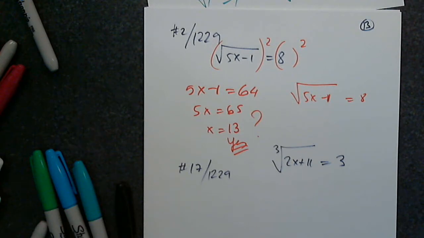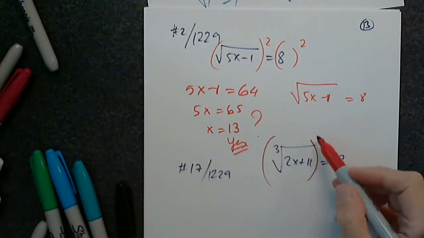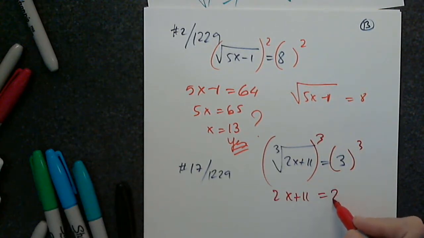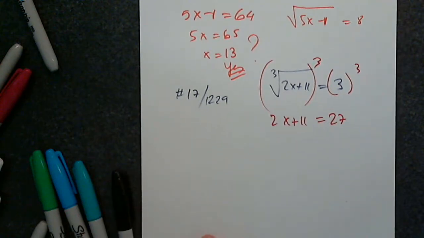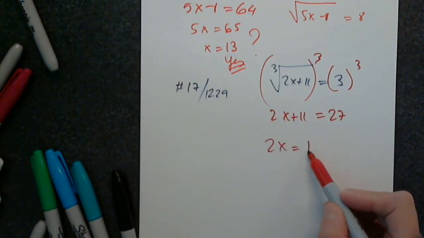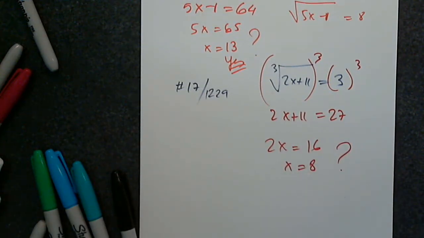So let's do just that. 3rd power. So 2x plus 11 equals 27. And then 2x equals 16, and x equals 8 with a big question mark. I have no idea if this works or not.